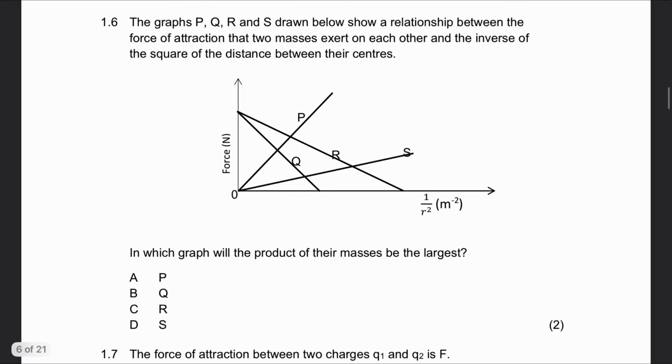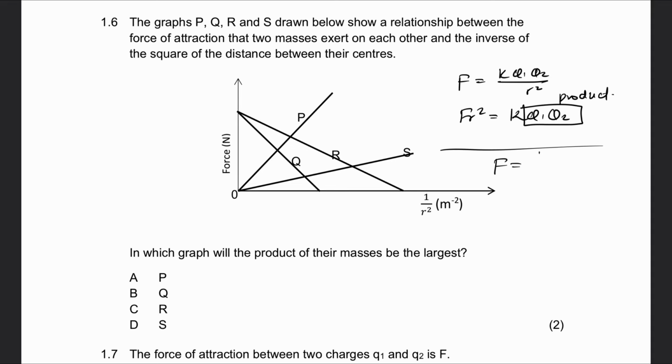Question 1.6. The graphs P, Q, R, and S are drawn below, showing a relationship between the force of attraction that two masses exert on each other and the inverse of the square of the distance between their centers. Which graph will the product of their masses be the same? F is equal to G m1 m2 over r squared. If I cross multiply here, I get F r squared is equal to G m1 m2.